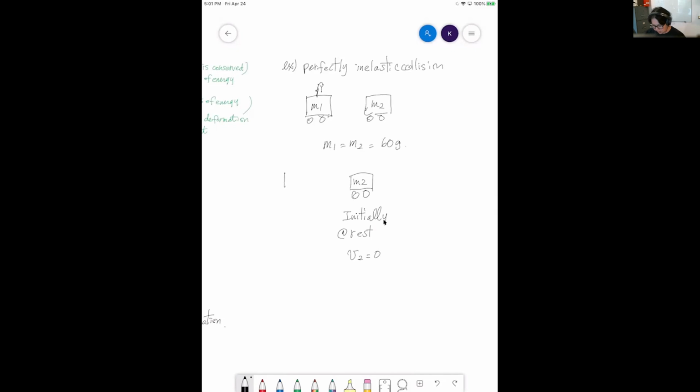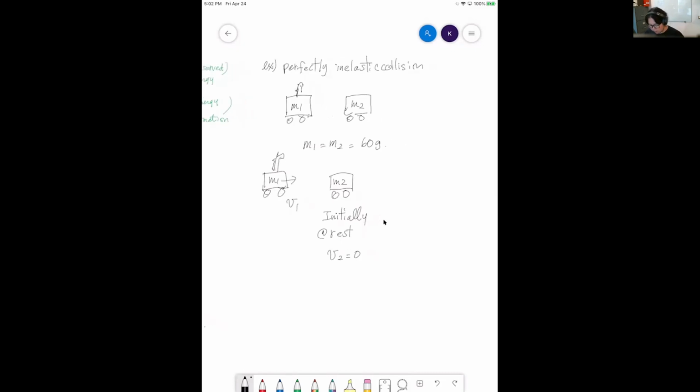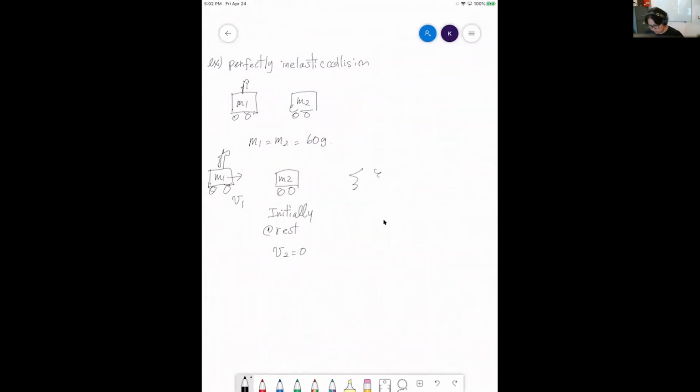But let's say that M1 with the giraffe has some kind of a velocity. And then they collide.